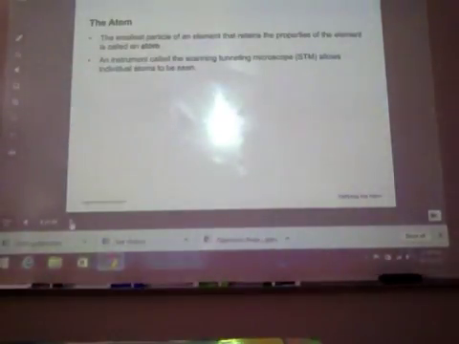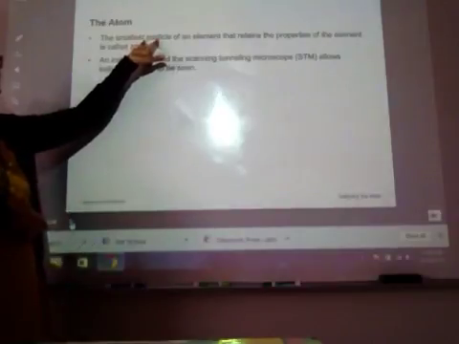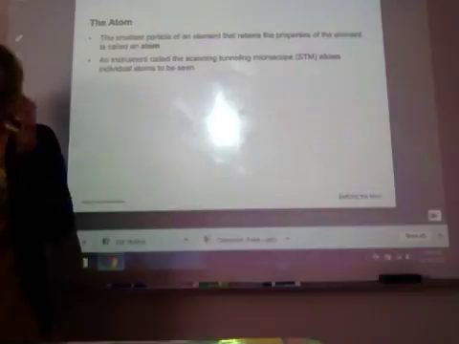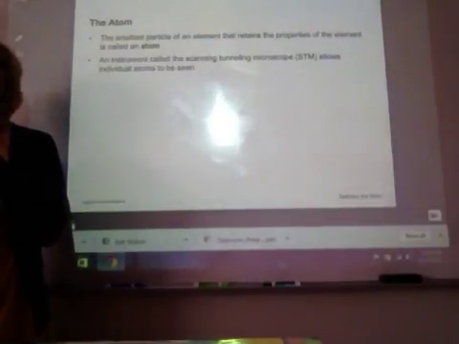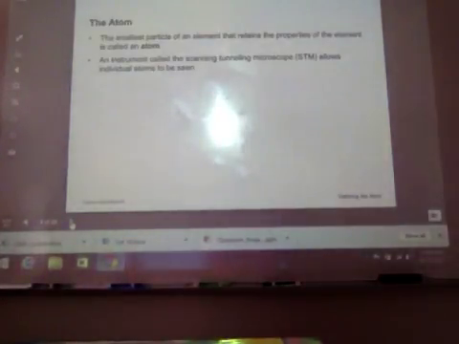So, getting started. An atom, first vocab word: the smallest particle of an element that has all the properties of that element. So if I have one tin atom, that's the smallest piece of tin I can have. I can't make it any smaller than an atom.